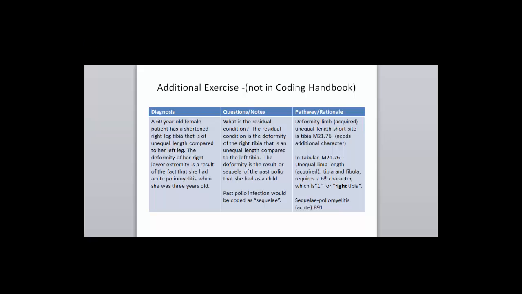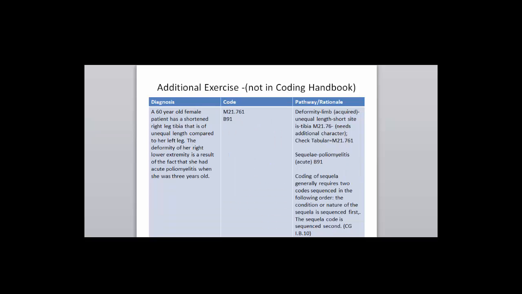So back to our problem here. We have added our sixth character of 1, because we're talking about this patient's right tibia, and we have our sequela code, B91. And which coding guideline helped me with that? Coding guideline 1.B.10, which is just as simple as: the coding of a sequela generally requires two codes.